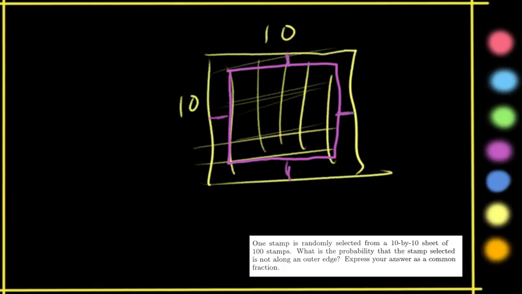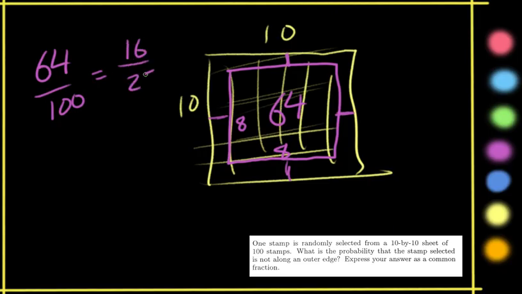So instead of being 10 by 10, it's going to be 8 by 8, which means there are 64 of these stamps that are in the middle that are not along an outer edge. So what is the probability that the stamp selected is one of these 64? Well, it's just going to be 64 divided by 100, which is, if we divide top and bottom by 4, we get 16/25 in order to get it as a common fraction. So that's the answer there.